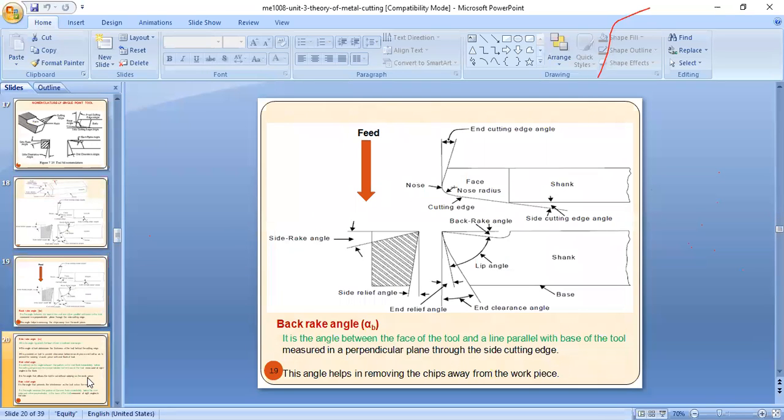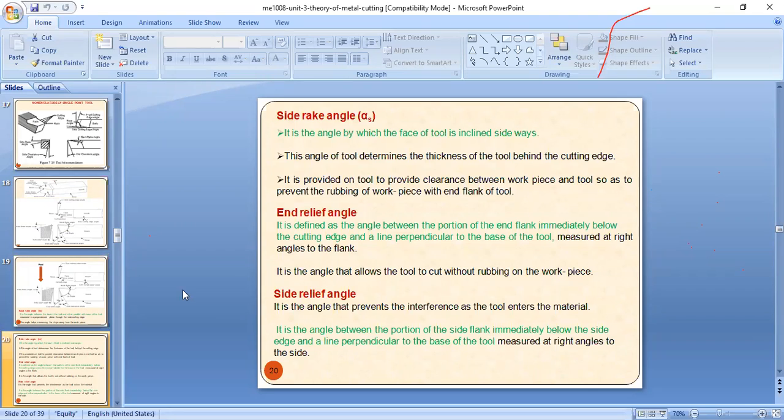Next, side rake angle. Side rake angle is denoted by alpha, as it is the angle by which the face of the tool is inclined sidewards. Already I explained the definition. This angle of the tool determines the thickness of the tool behind the cutting edge. So how much thickness you have to have as per the design, the side rake angle will determine.